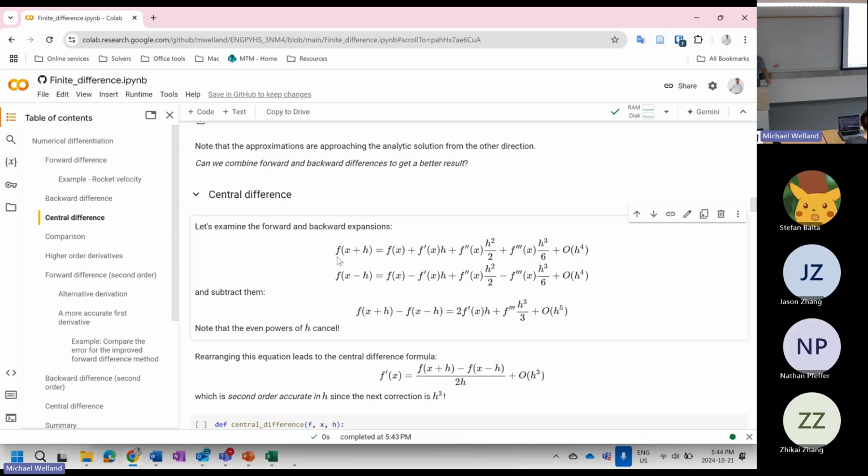So what we do is we take the forward difference, the backward difference, and we subtract them. What we get is f of x plus h minus f of x minus h equals 2 times a term proportional to h, and then a term that's h cubed, and then h to the power of 5. By subtracting the backward from the forward, we're canceling out the even powers of h.